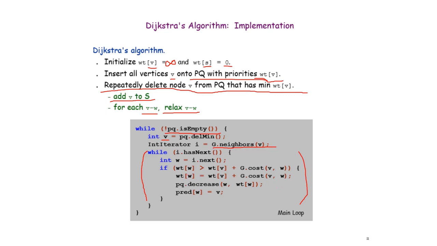And if at some point we figure out that there is an even lower cost to W, then we rewrite this value and set the previous vertex of W equal to V.